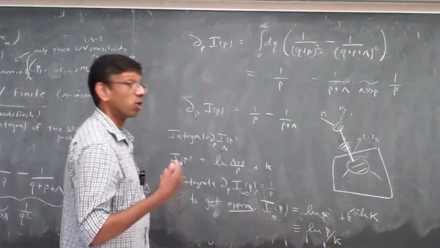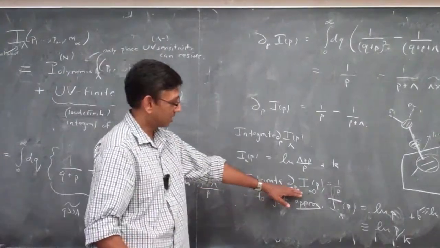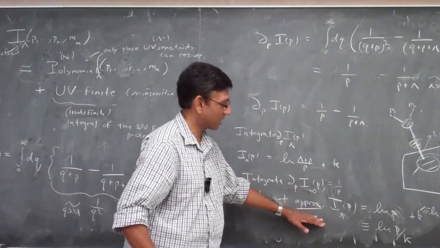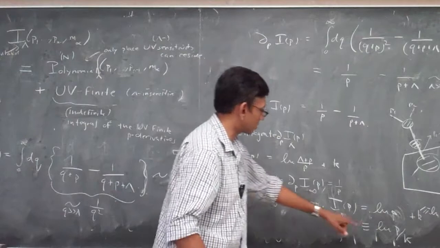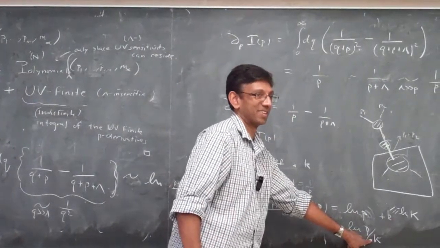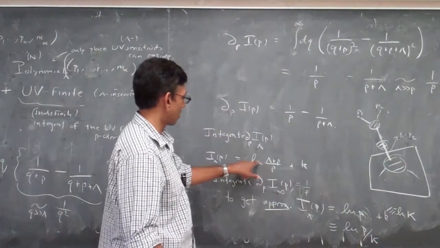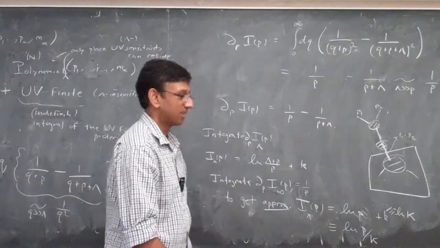But now you see what you lost. What you lost by differentiating, taking the ultraviolet limit and integrating your answer, is you merely lost which cutoff you were thinking of. The correct answer was log lambda over p. I got log k over p.